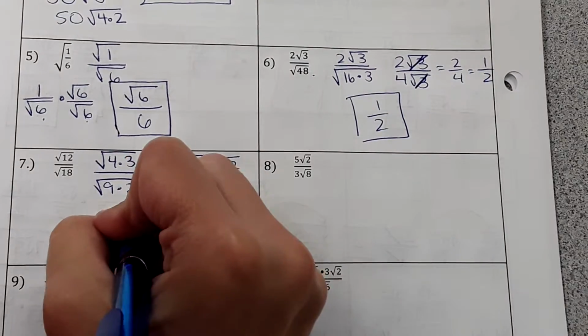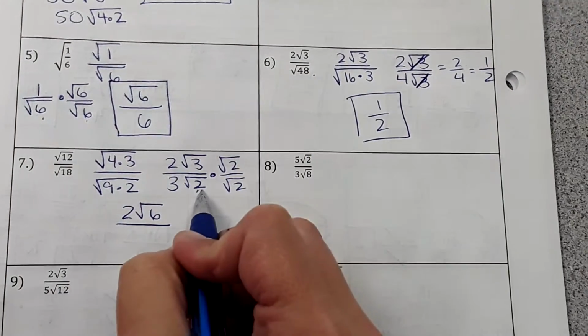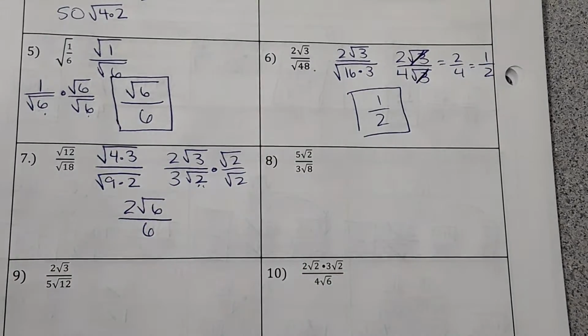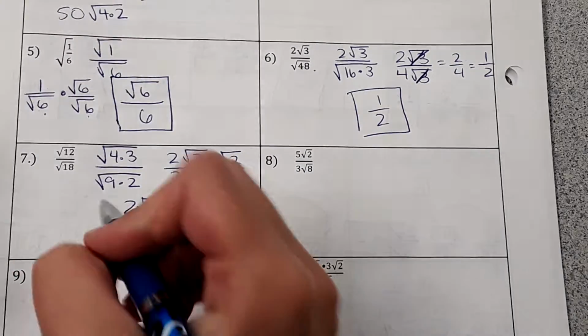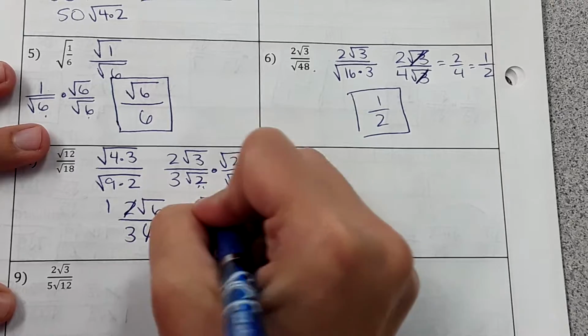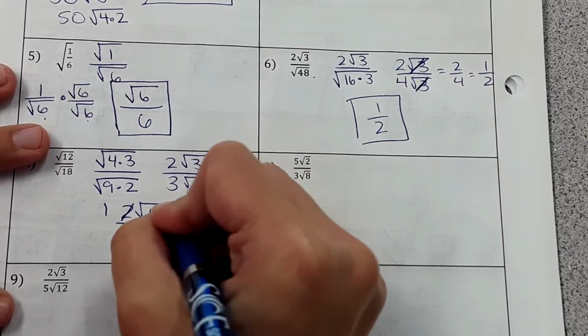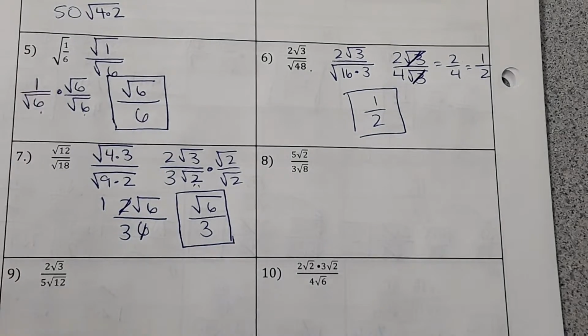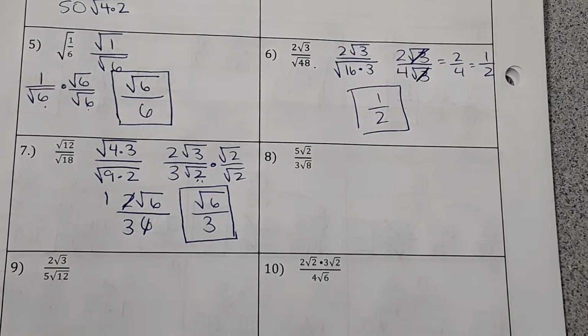Get 2 square root of 6 over 3 times 2 is 6. Then simplify this, divide by 2 to get 1, divide by 2 to get 3, square root of 6 over 3. I'm making this look way easier than it actually is.